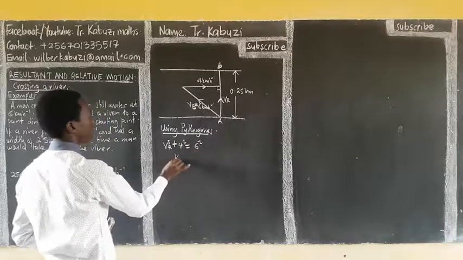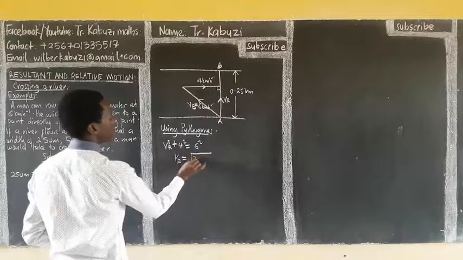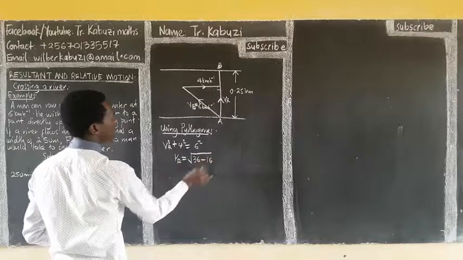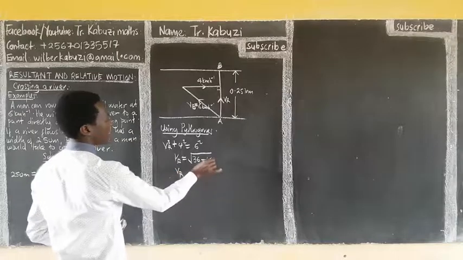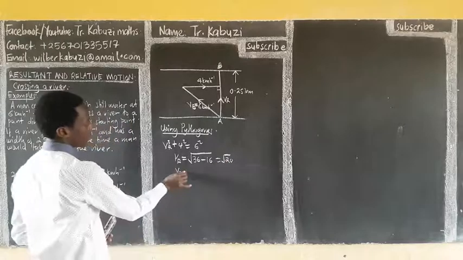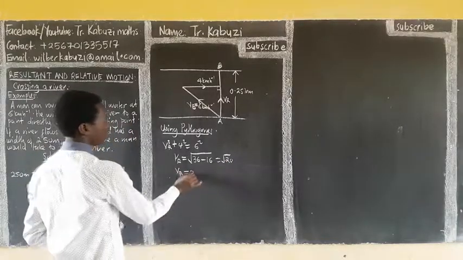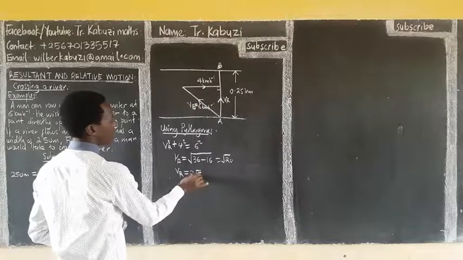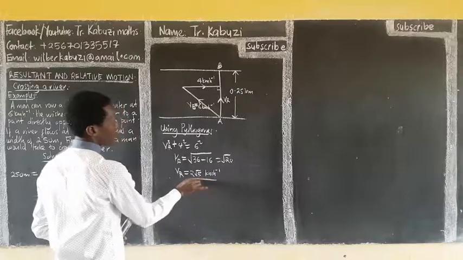So V_R is equal to the square root of 36 minus 16, which is root 20, which you can simplify to 2 root 5, and these are kilometers per hour.